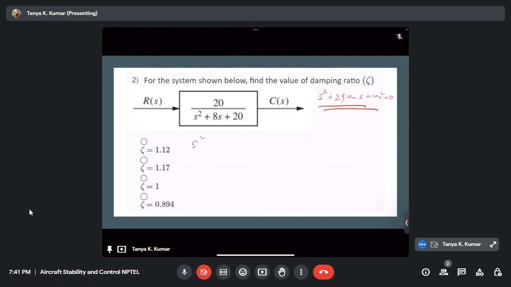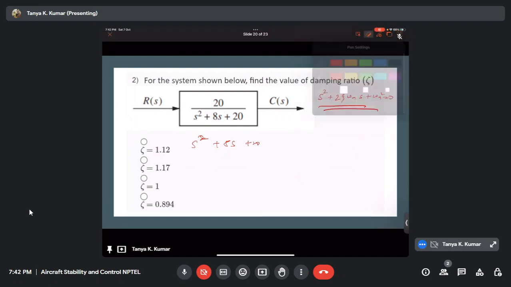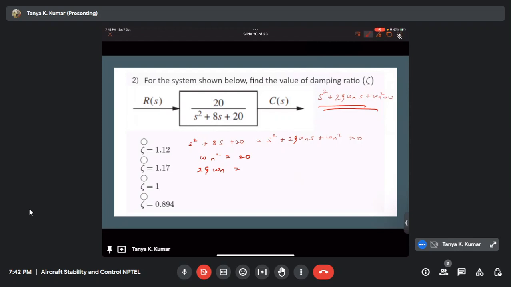So you have s square plus 8s plus 20 equal to s square plus 2 eta omega n s plus omega n square equal to 0. So you have omega n square equal to 20 and 2 eta omega n equal to 8. From these two equations, can you find eta?